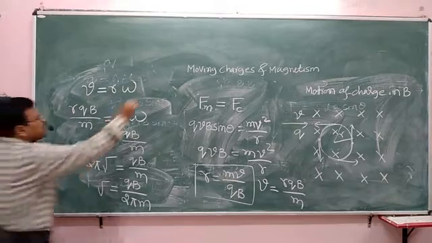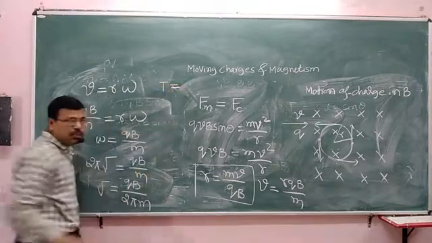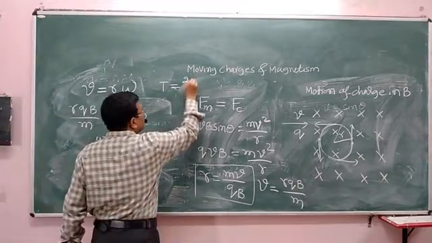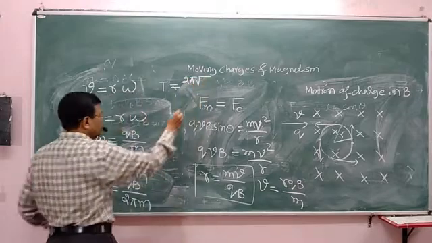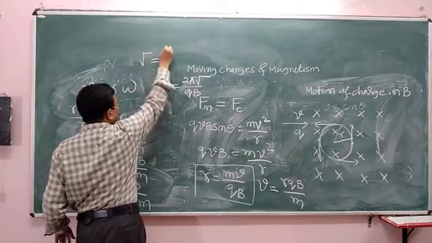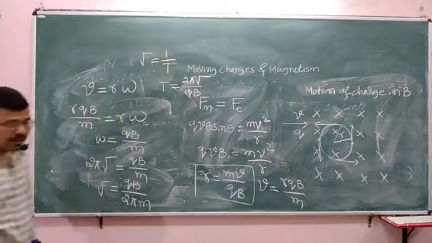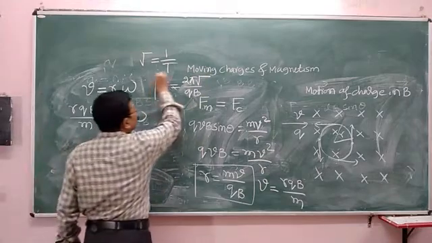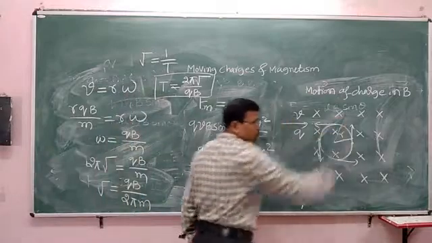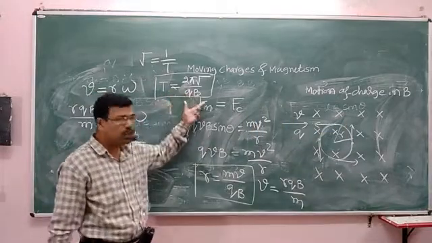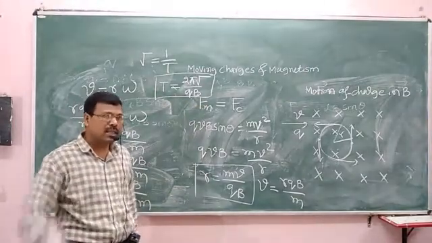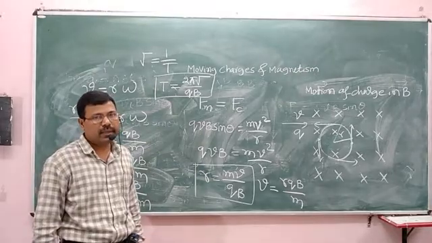So T should be equal to 1 by nu, because nu is equal to 1 upon T. So we got the time period, the time taken to complete one revolution: T is equal to 2 pi m by qB. So this completes the motion of a charged particle in a magnetic field. Thank you.